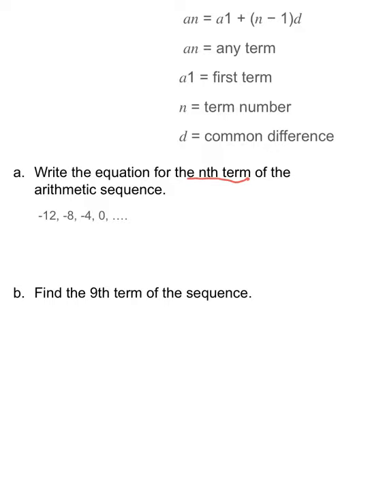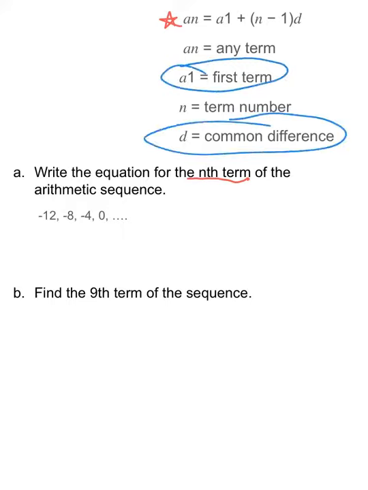So instead, we can write a generic equation using our formula that will work for any term number that you're trying to find. And so the first thing, you need to definitely find two things in order to write your equation. You always want to locate the first term and the common difference. And that's all you need in order to write your equation. From there, you just plug in any value and simplify.